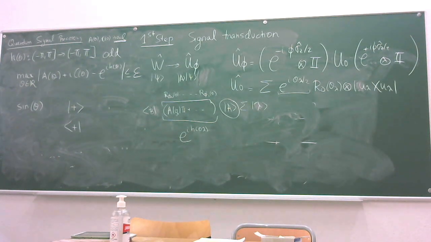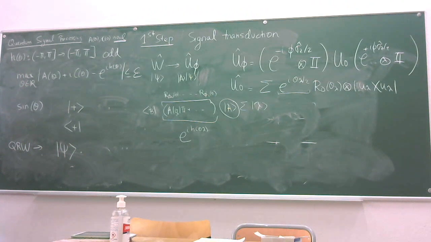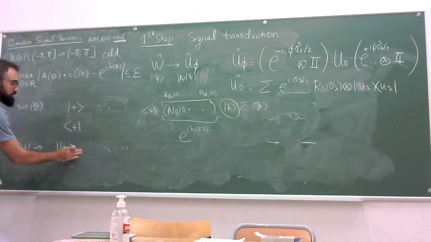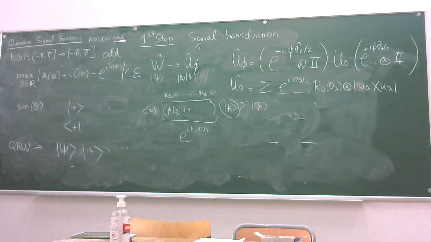And basically, if we take our state resulting from the quantum random walk, so we have applied the quantum random walk, we got a state. And this state has a phase that we want to transform. So to transform the phase of this state, we add an ancilla in the plus state. And then we know that the function that we want to compute is the sine. So the sine can be approximated with this A of theta and this C of theta.